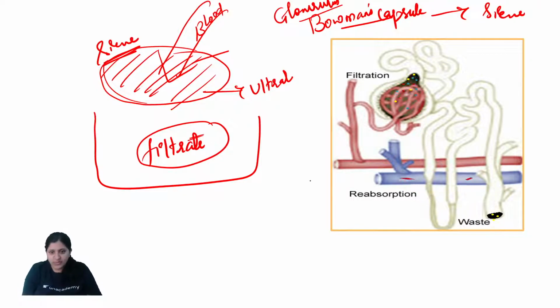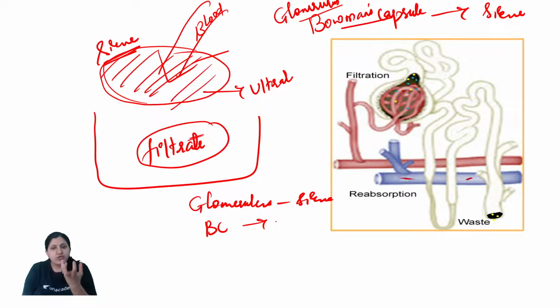To explain clearly, the glomerulus is mainly the sieve, where the filtration is going to occur. Then the Bowman's capsule acts as a receiver. It is receiving the filtrate, that is the glomerular filtrate, not just the normal filtrate, the glomerular filtrate.